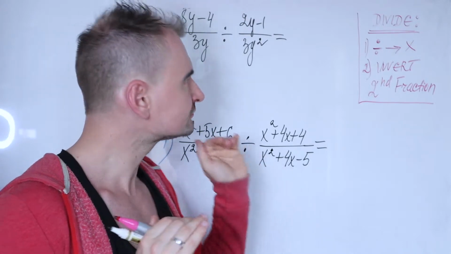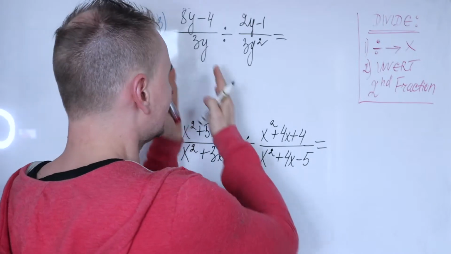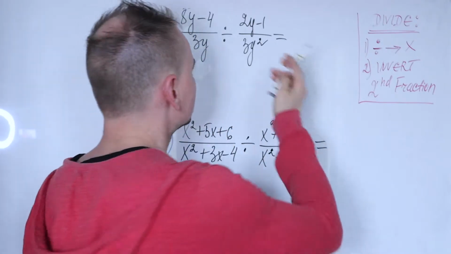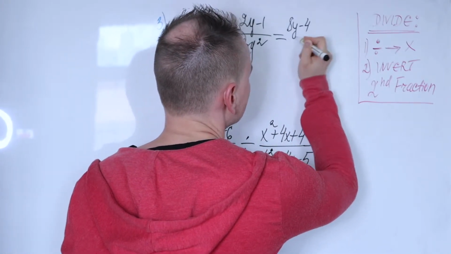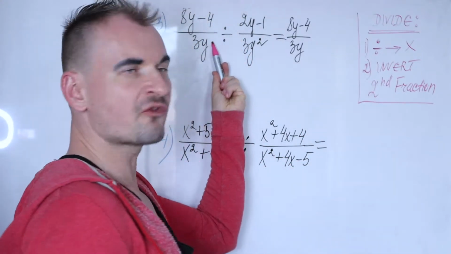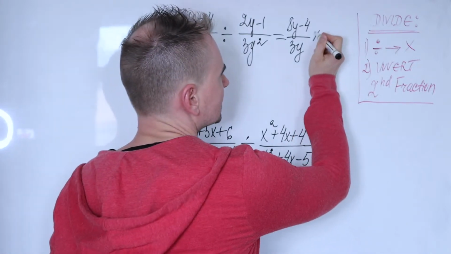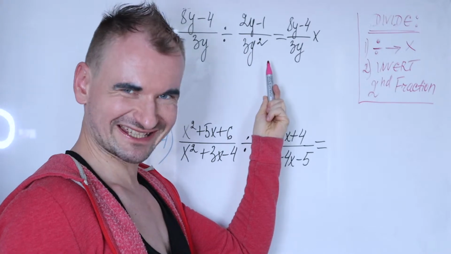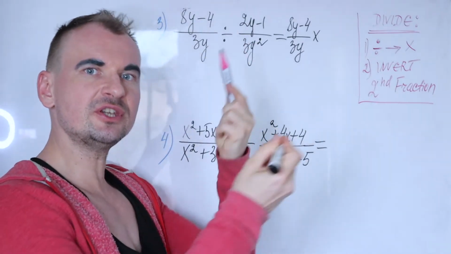So let's do it for the first one. The rule says you keep your first fraction as is, so just rewrite it for now. Now you swap division to multiplication, and for the divisor, the second fraction, you need to invert it.